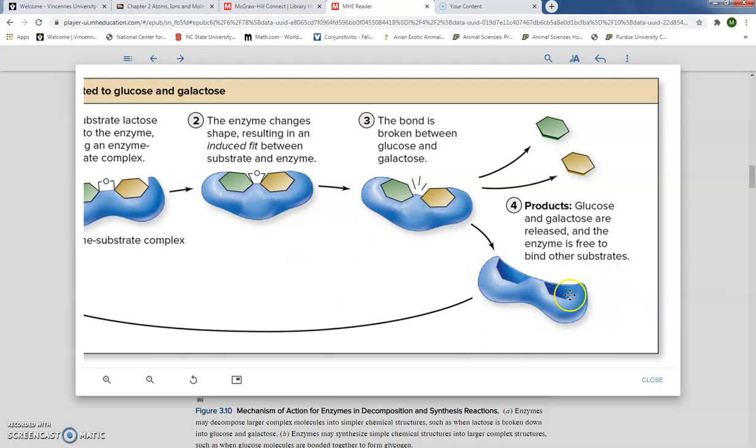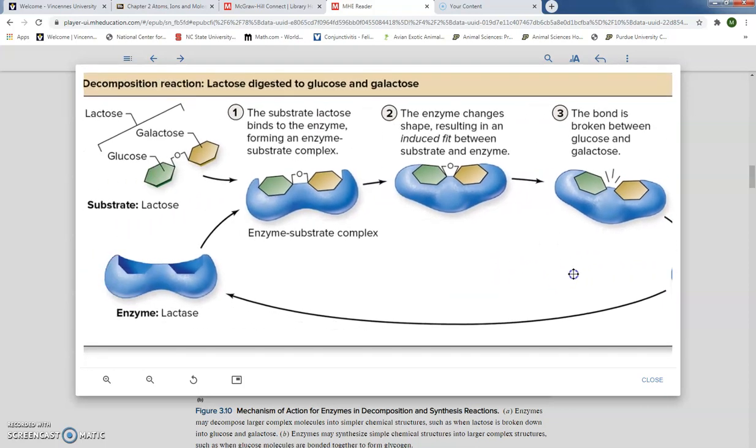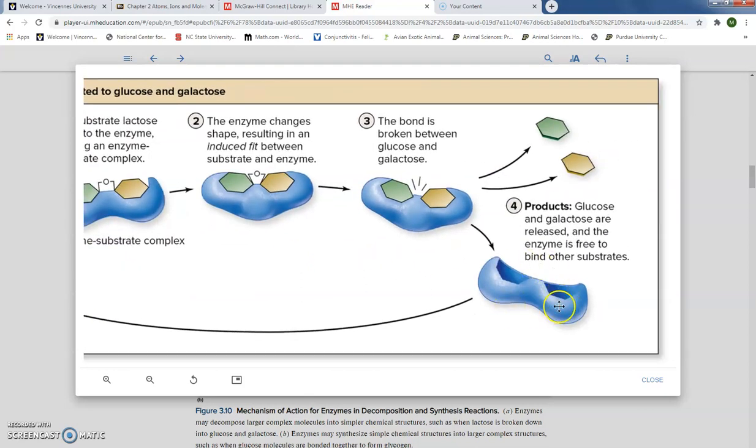And then the enzyme is going to go away, and it will find another substrate molecule, lactose in this case, and then it will catalyze the decomposition reaction of lactose. Once this enzyme catalyzes a chemical reaction, it releases its products, and then it will go and find another molecule that fits, its specific substrate.